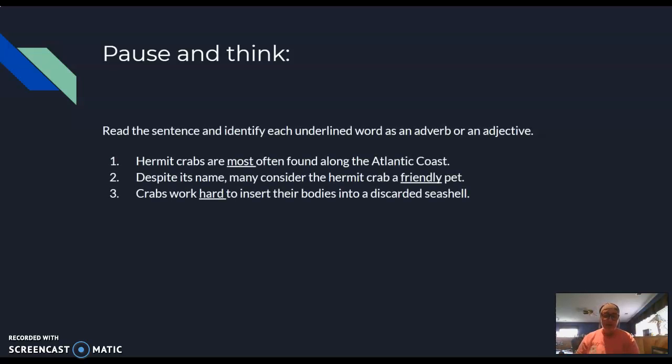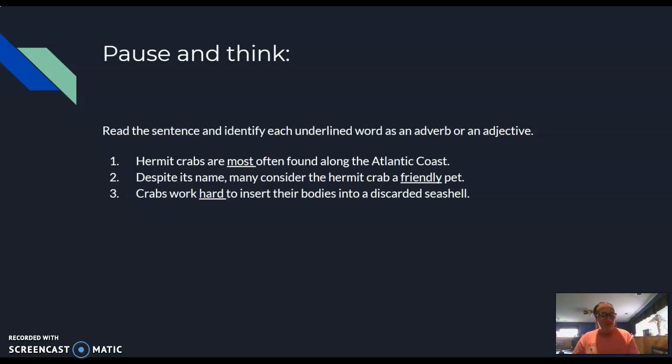Hermit crabs are most often found along the Atlantic coast. Despite its name, many consider the hermit crab a friendly pet. Crabs work hard to insert their bodies into a discarded seashell. All right, so I will sit here for a good second so that you can actually pause and read the sentence and identify if each underlined word is an adverb or an adjective.